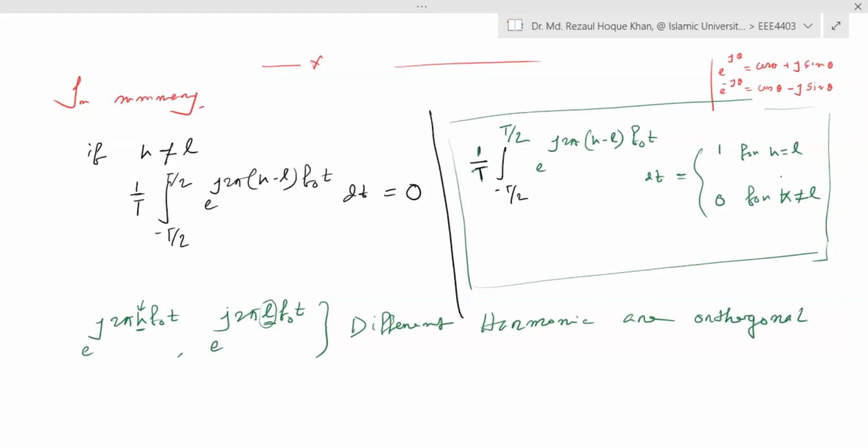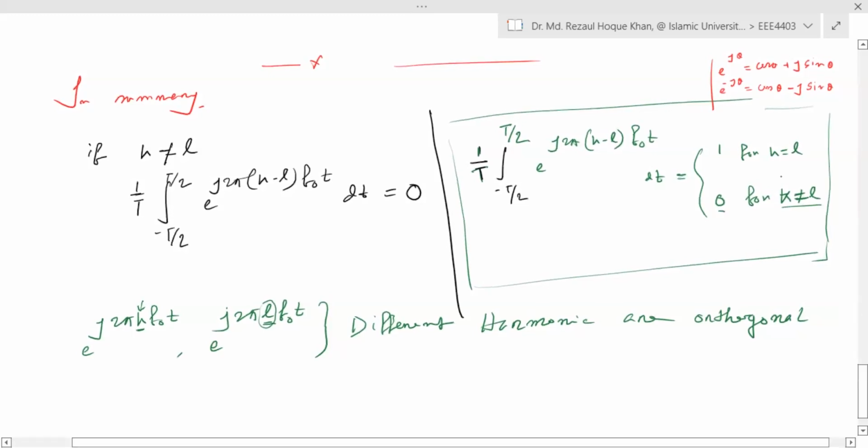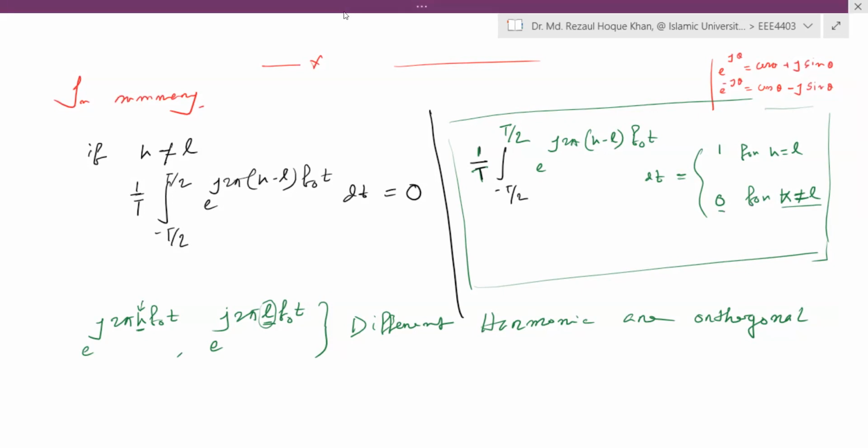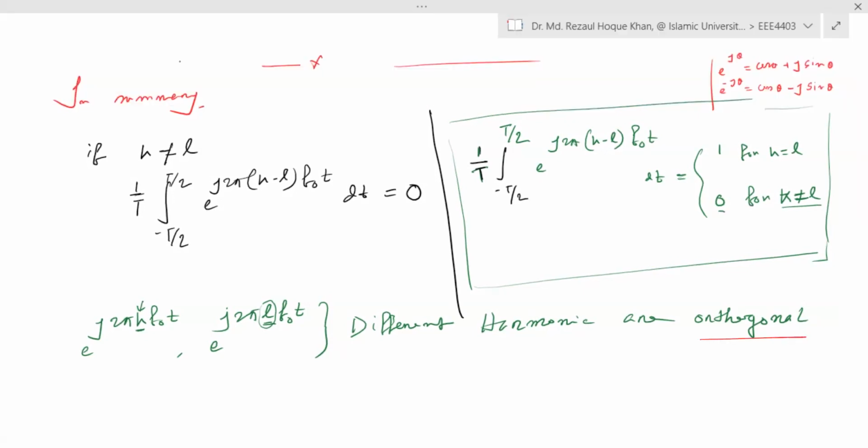We already saw that if they are not equal, the product of these values, the dot product, is 0. What is orthogonal? From the definition, two signals x and y are orthogonal if their dot product is 0.